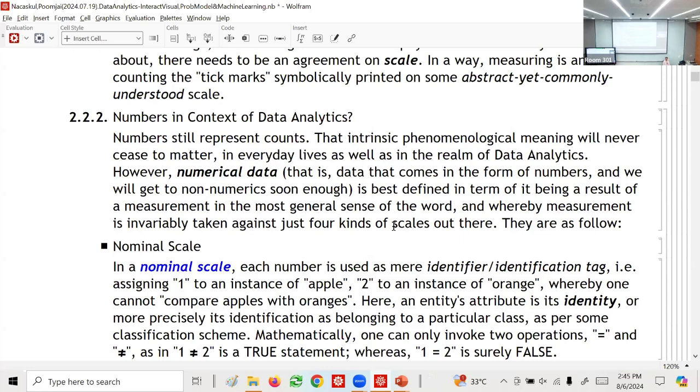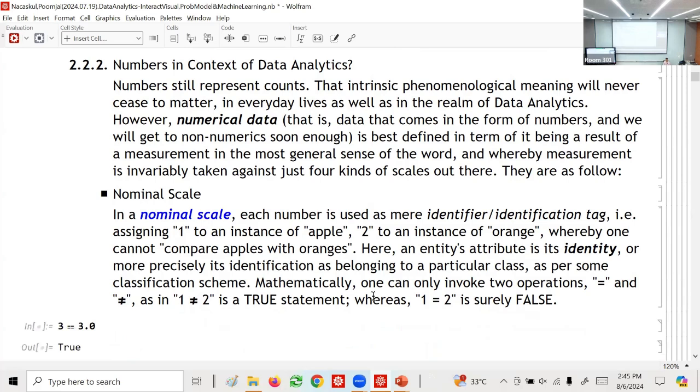The point is, sometimes professional data scientists make errors because they mix their scales. So I want you to be mindful of the four canonical scales. 1, nominal scale. Nominal scale comes from the word name. So a scale is a name.